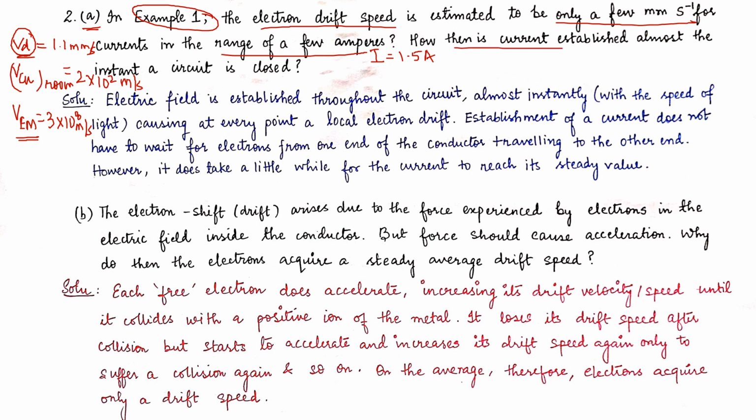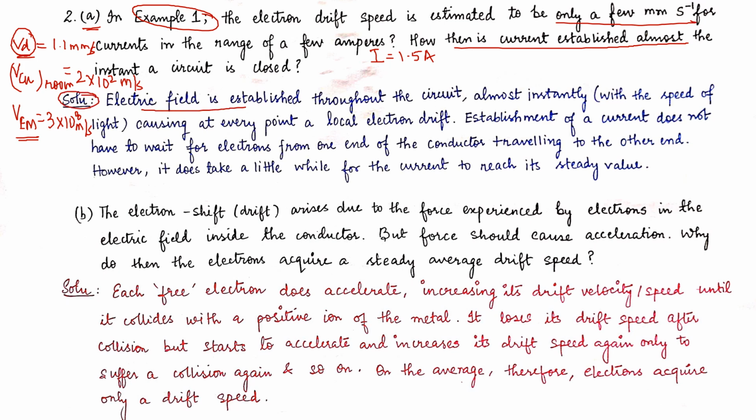How then is current established almost the instant a circuit is closed? As soon as we switch on a tube light, a fan or anything, it starts to work. How can the current pass instantly from one point to another? Why does the current have such a high speed if the drift is so small? So let's try to find the solution.